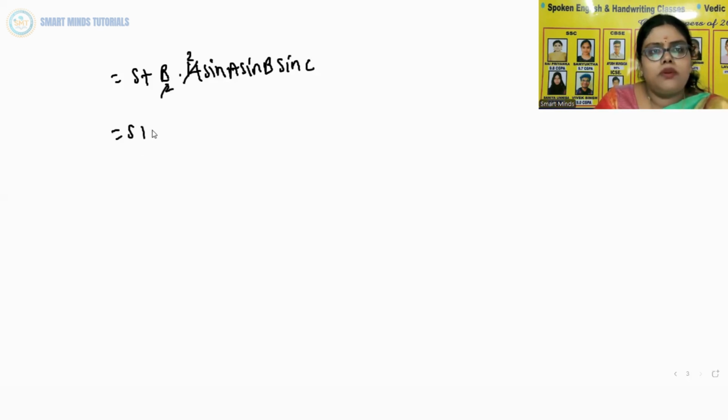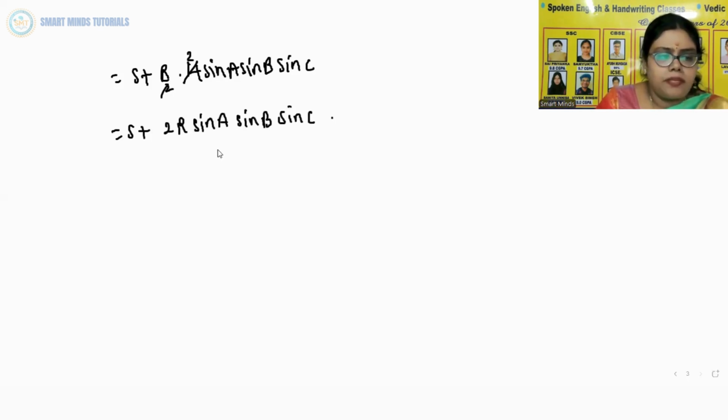That is equal to S plus R by 2 into 4 sin A sin B sin C. Two ones are 2, two twos are... That is equal to S plus 2R sin A sin B sin C. Now we know that 2R square sin A sin B sin C is delta.